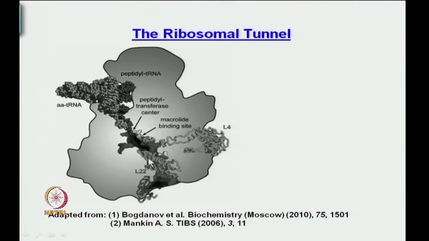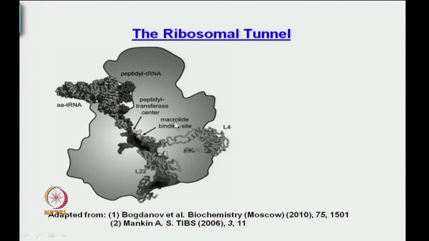This is the tunnel. In the background you have the ribosome, and at the end of the tunnel is where the ribosome ends and the growing nascent chain is free to come out.